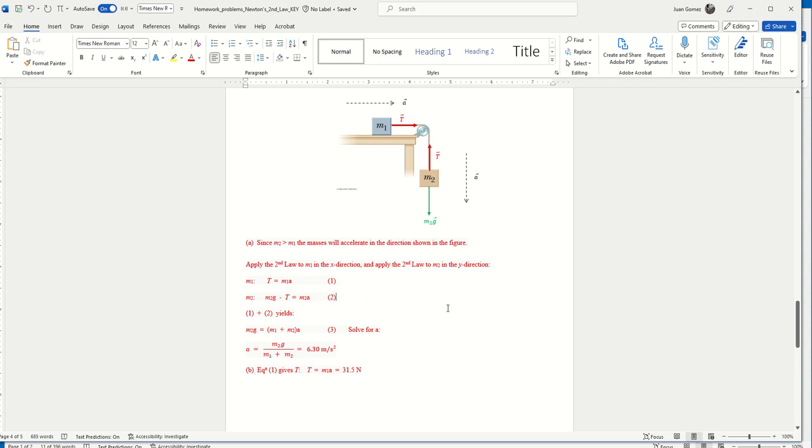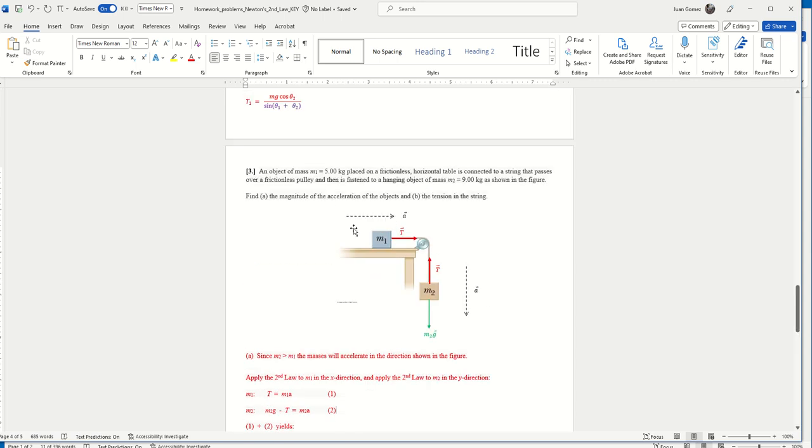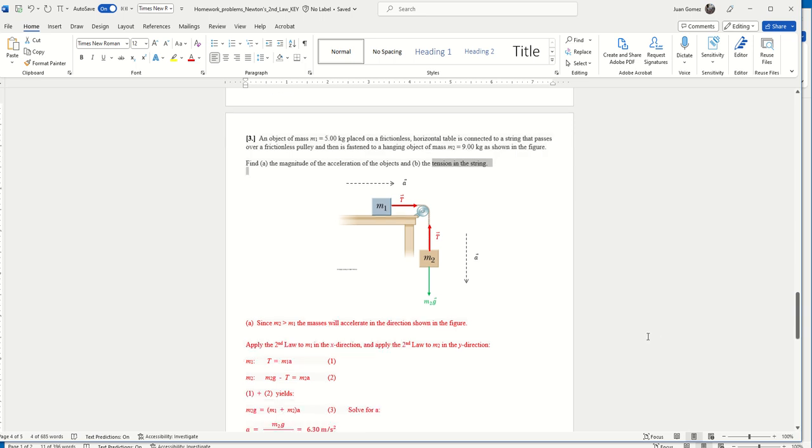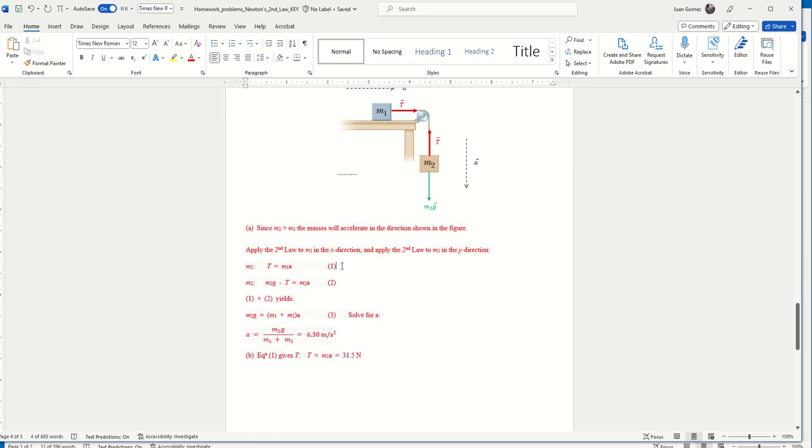So I have equations 1 and 2, and remember our goal is we want to solve for the acceleration A, and then we want to get the tension T. Well, this is a very common technique. I have two equations, two unknowns.